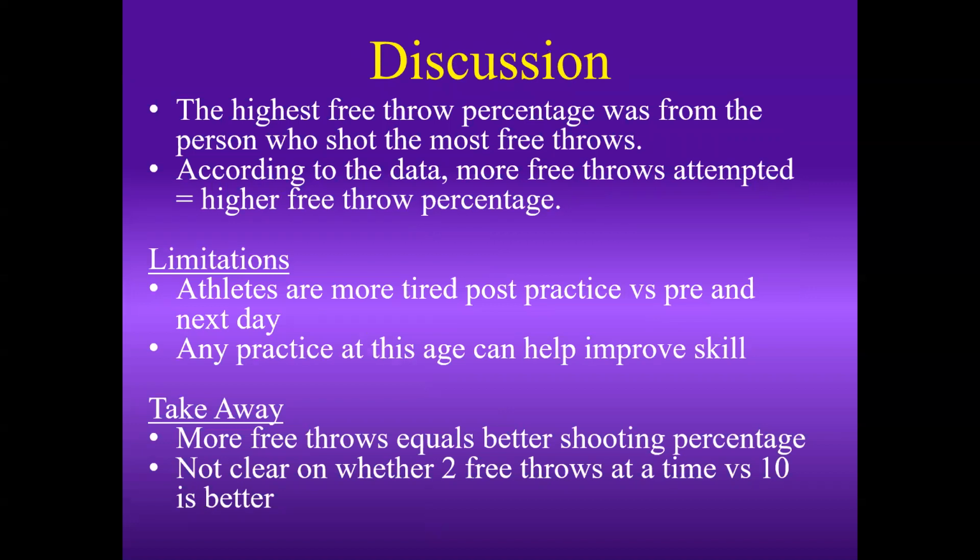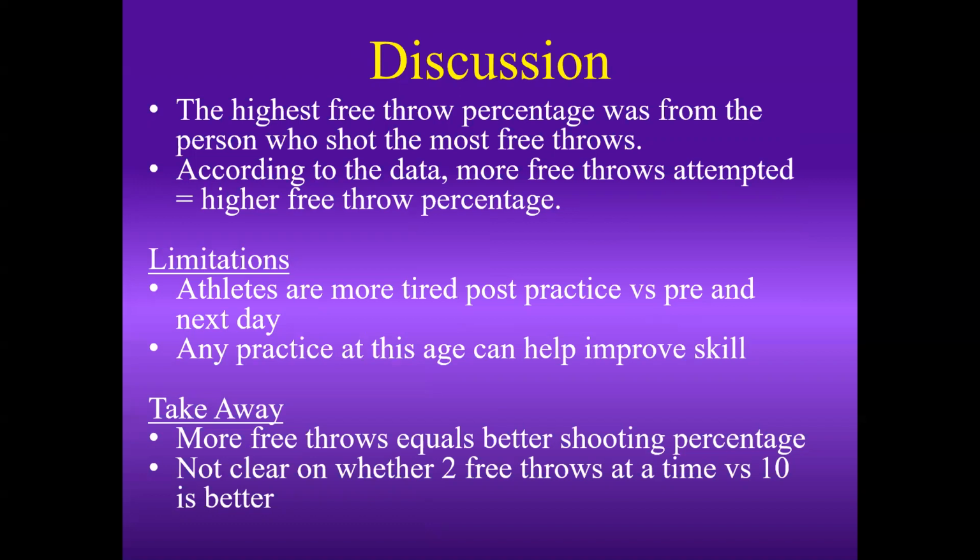So, what does all this mean? Well, the highest free throw percentage was the person who shot the most free throws, and the more free throws equaled the better free throw percentage.